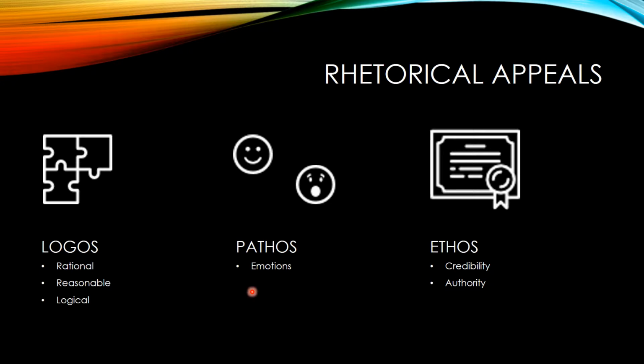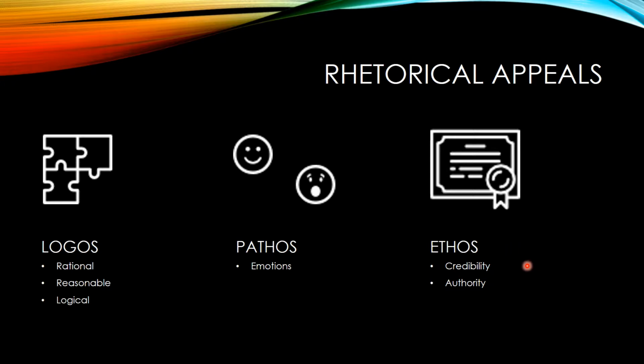It's appealing to the way they feel as opposed to how they think. And then the last one, which is sometimes the trickiest, is ethos, which is how the audience perceives you, the rhetorician.